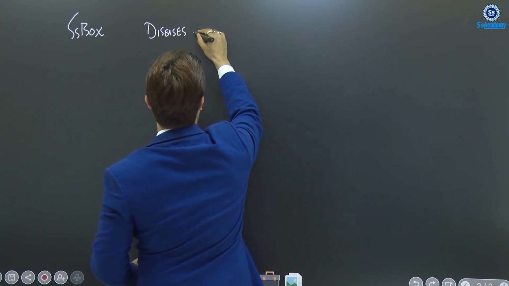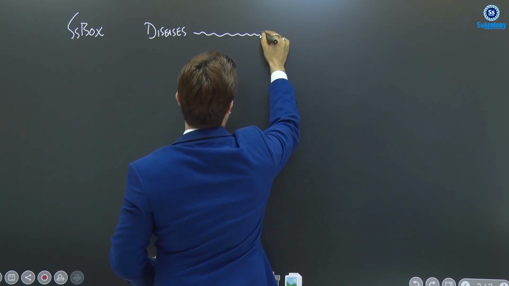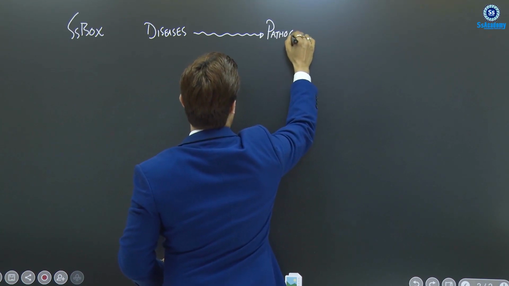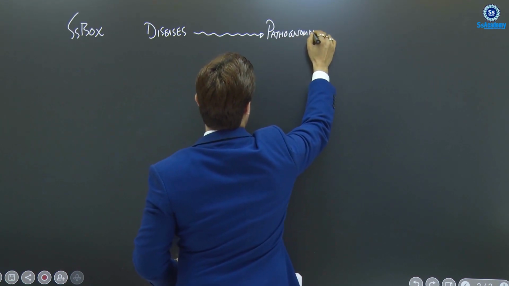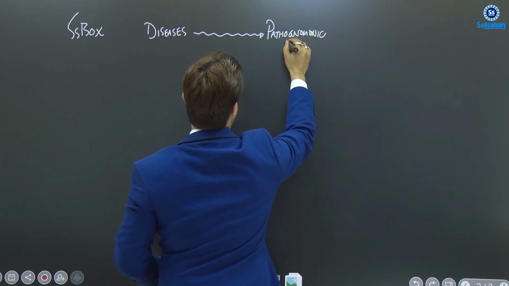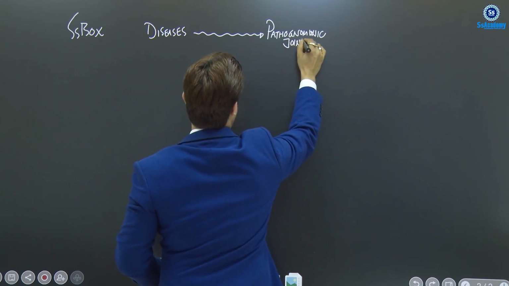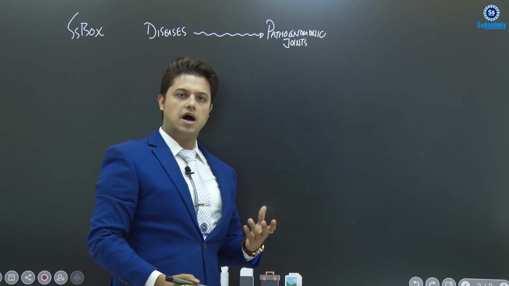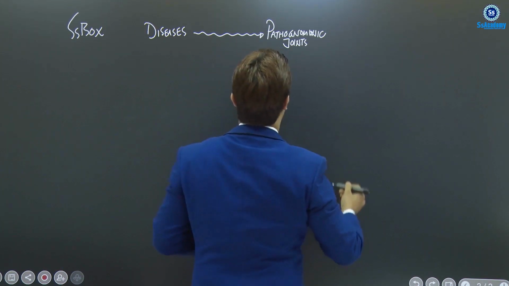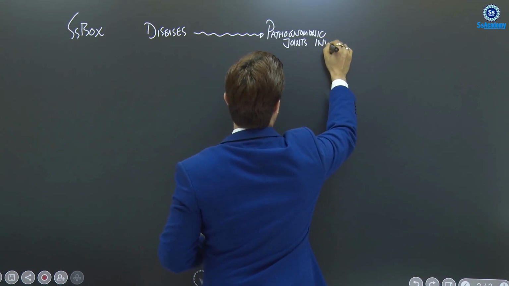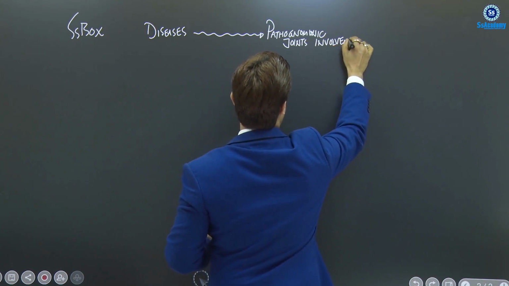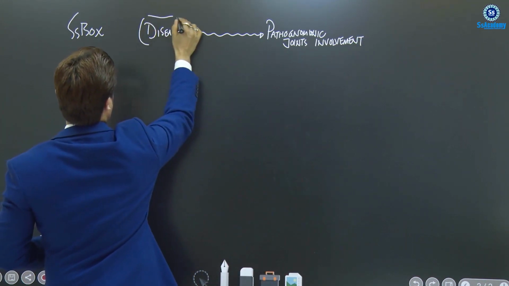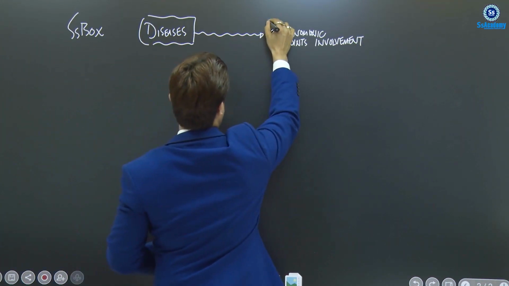On the right hand side, we need to write down pathognomonic joints involvement. It means knowing which joints are involved so that you can make your diagnosis. Very simple and very important. A very hot topic for the exam, my dear.